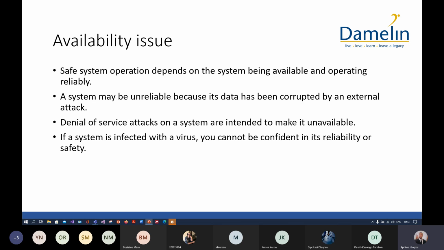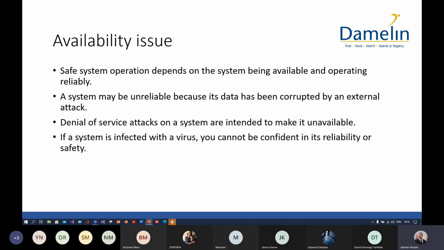So this issue of availability, if we look at it closely, we can say that safe system operation depends on the system being available and operating reliably. I think availability is one of the most important attributes of dependability. And it can be compromised, of course, through attacks.